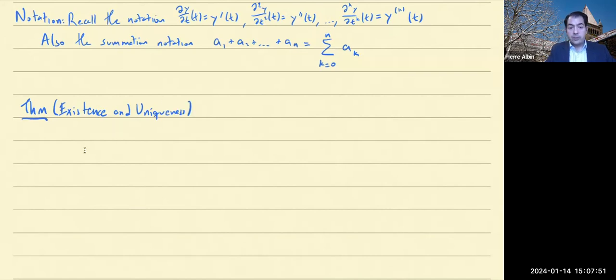Here we want to consider the initial value problem of an nth order linear ordinary differential equation.